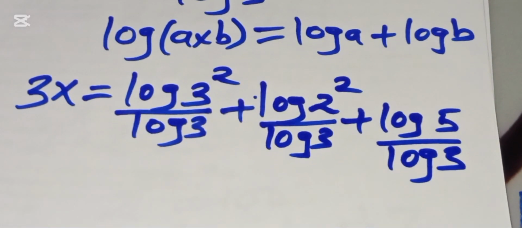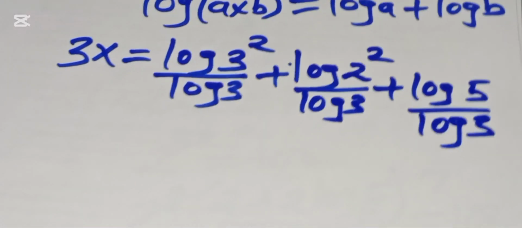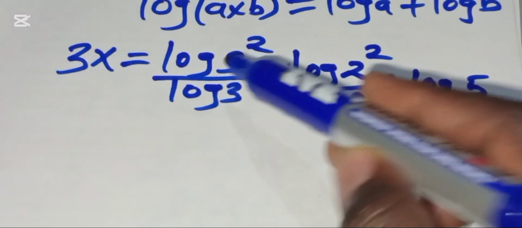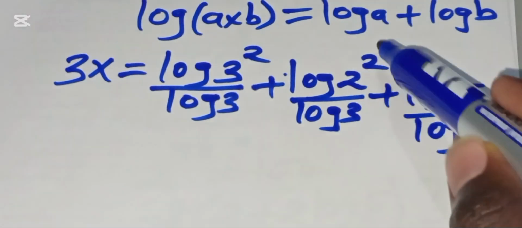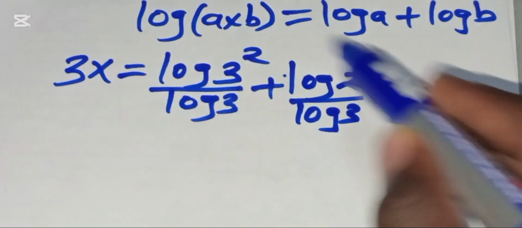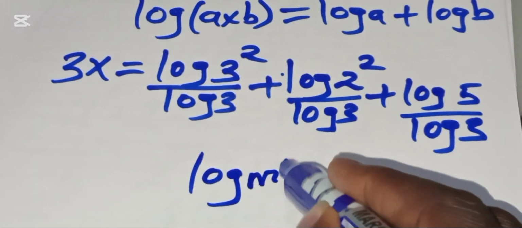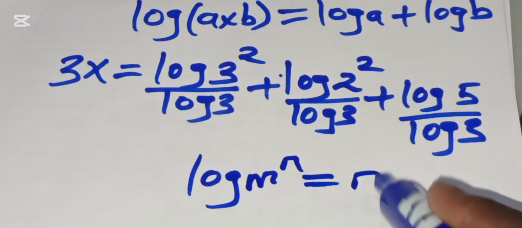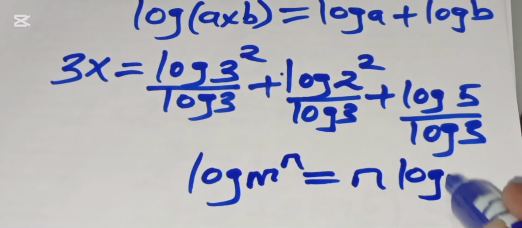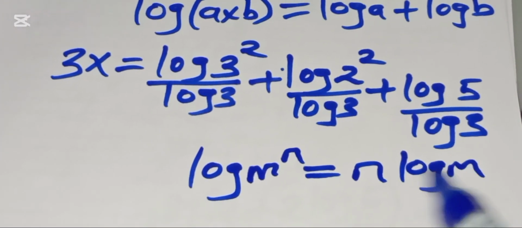Now, as you can see, log 3 squared and log 2 squared we can transform by applying the power rule property, that is log m raised to power n can be expressed as n log m. Let's apply this property.